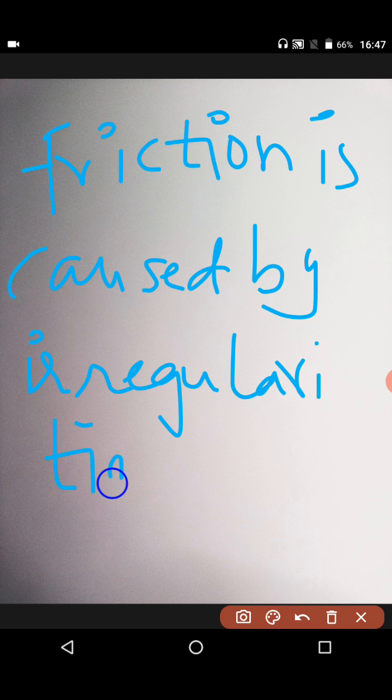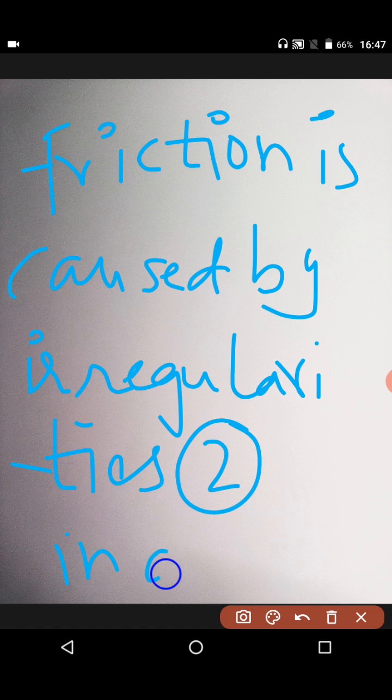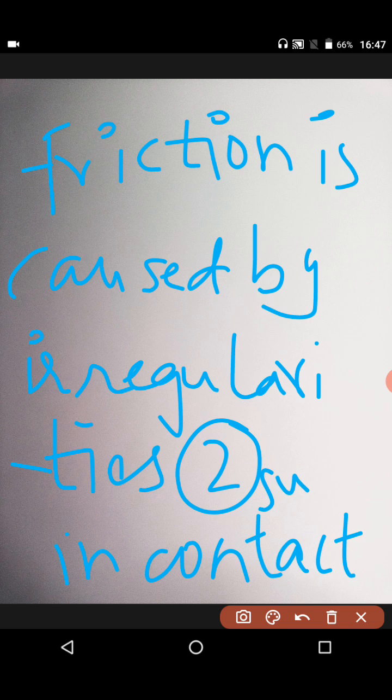Okay, this is a very important point. That too, one more thing is two surfaces which are in contact. So they should be in contact for sure. So two surfaces which are in contact.